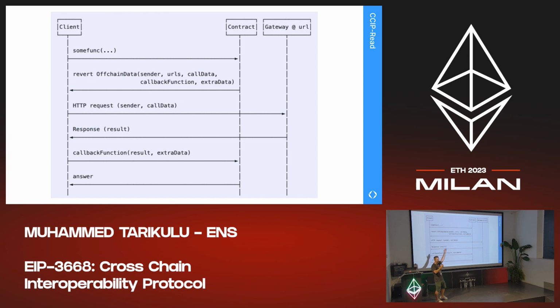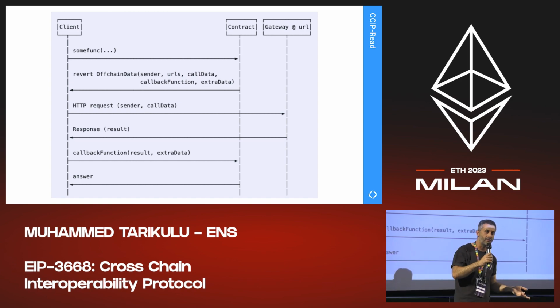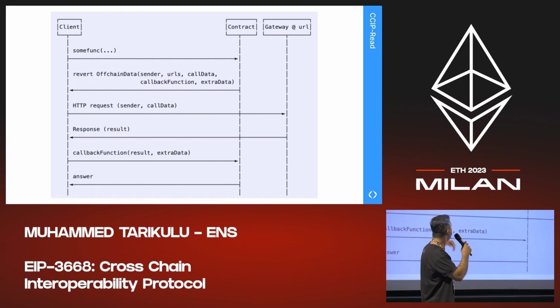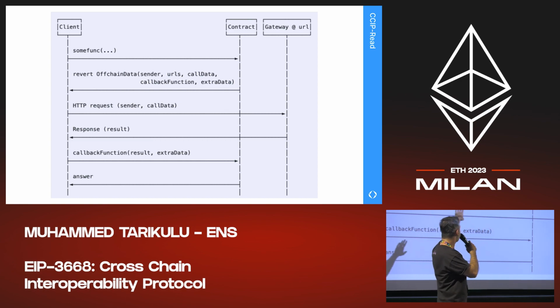The client asks something to the contract, let's say some function. In the regular traditional blockchain world, if this query doesn't have any result, the contract would just say, I don't have this information, and raise an error. But in this case, instead of a regular error, it reverts with a custom error called OffchainLookup.